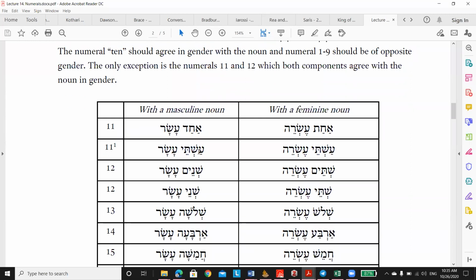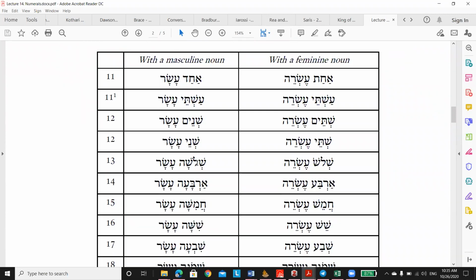And one more thing, let us see the examples. For example, 13, Shelosha Asar. This is with a masculine noun, and with a feminine noun, Shelosh Esre, because the ten should agree with the gender of the noun.